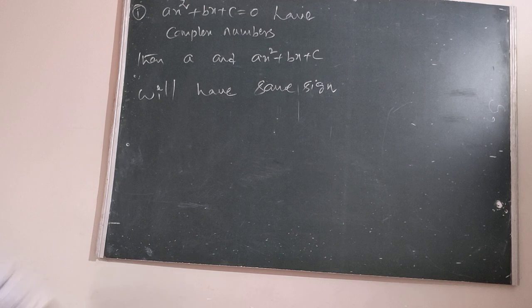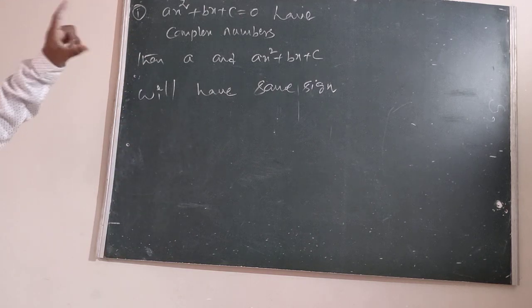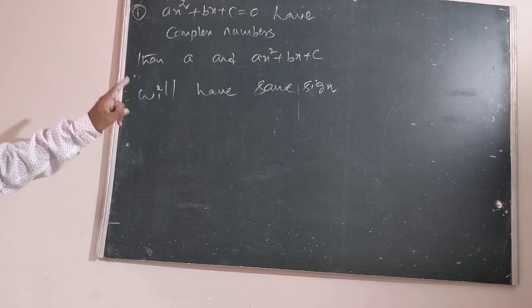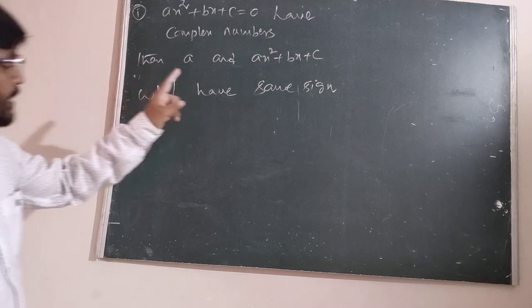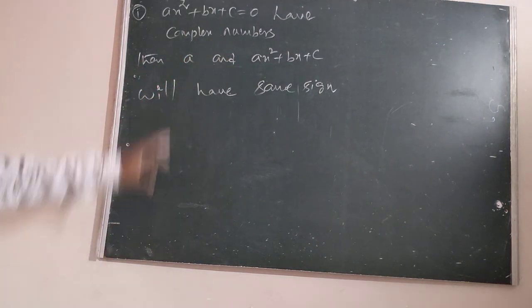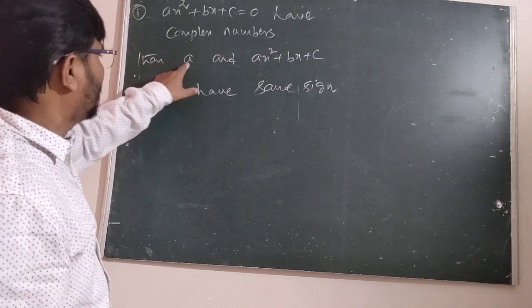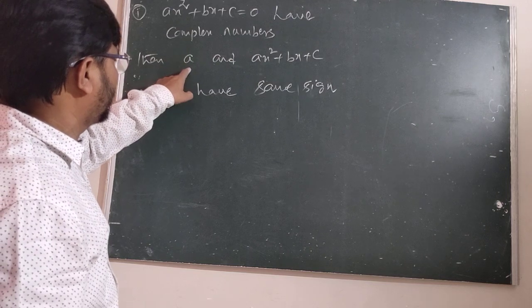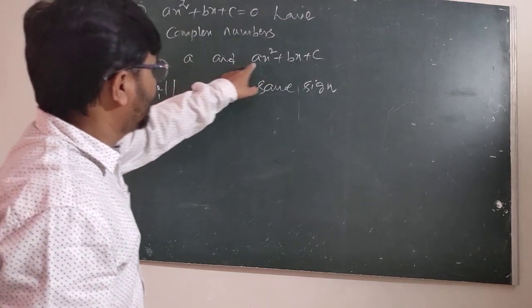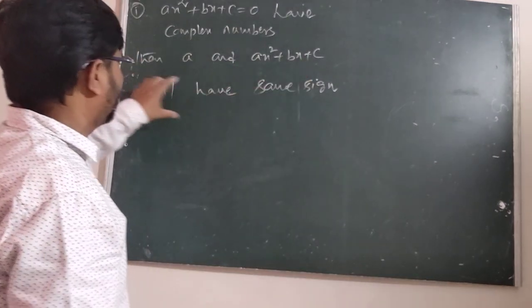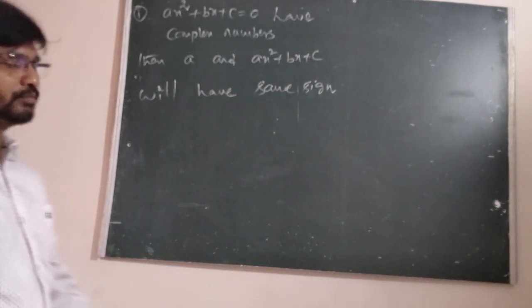Here the statement is, if the roots of the quadratic equation are conjugate complex numbers, then the sign is based on the coefficient of x square. A and ax square plus bx plus c will have the same sign.